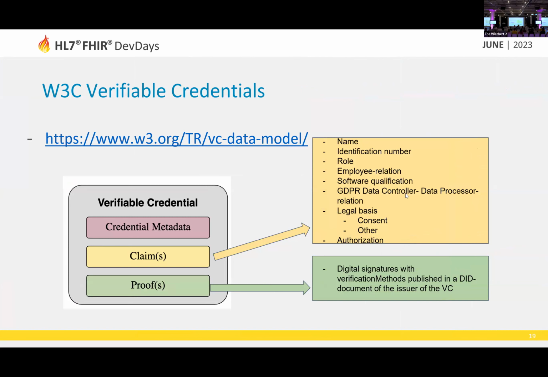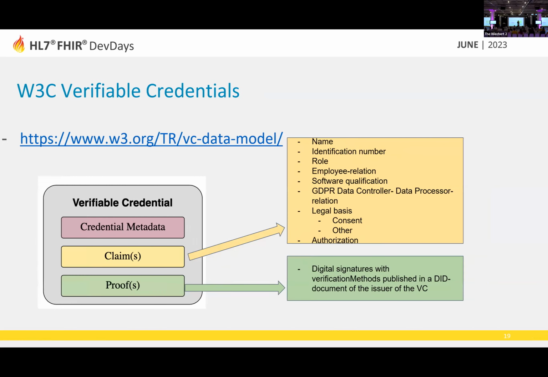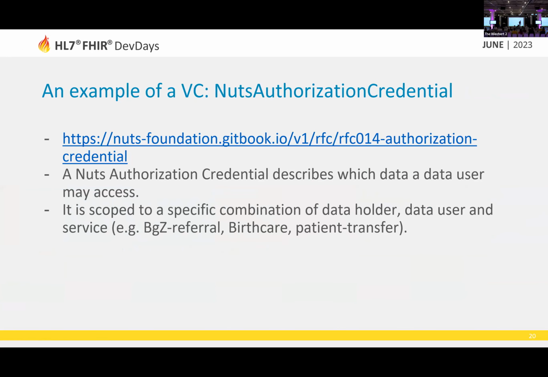So I already talked about role, employee relation, where do you work, consent stuff, authorization stuff. Actually, your imagination is the only boundary. In the use case that Frank will show in a couple of minutes, there's one verifiable credential type that is used very thoroughly.